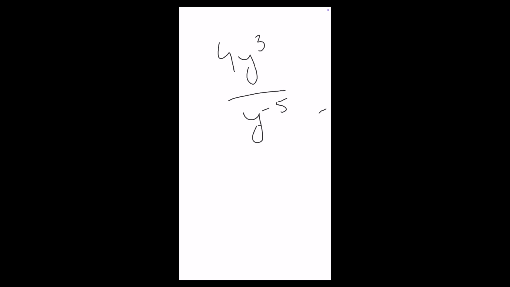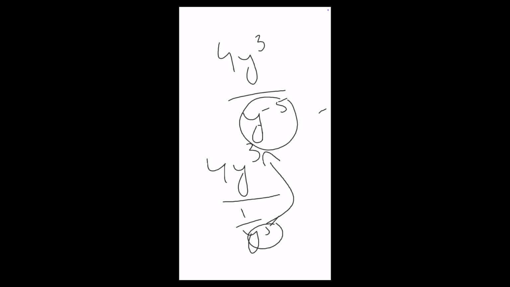For example, with a negative exponent, 4y cube, and if this 5, I convert into 1 over y raised to power 5, and bring y raised to power 5 up to the numerator, it is going to be in this pattern.